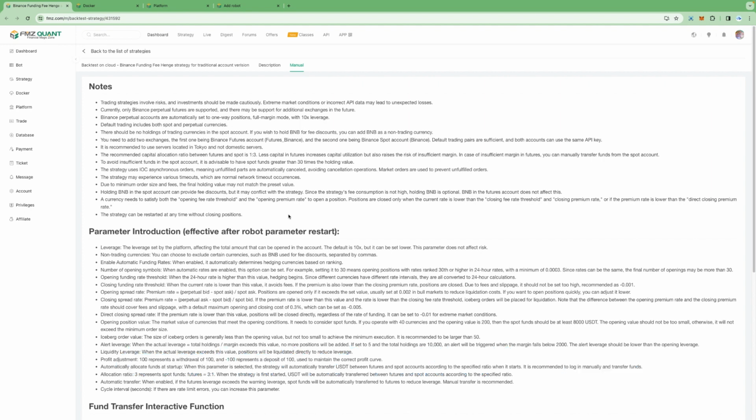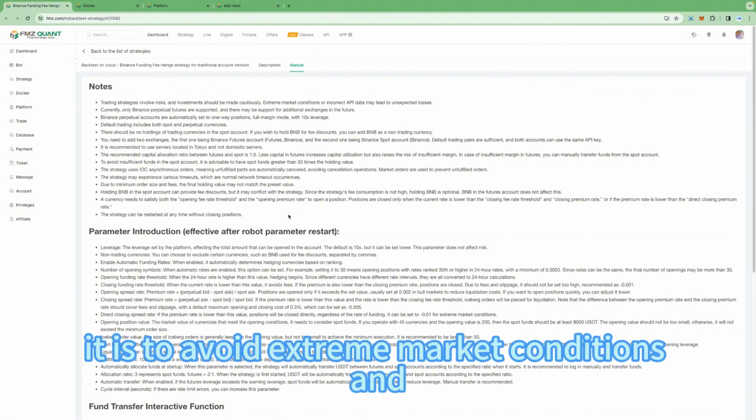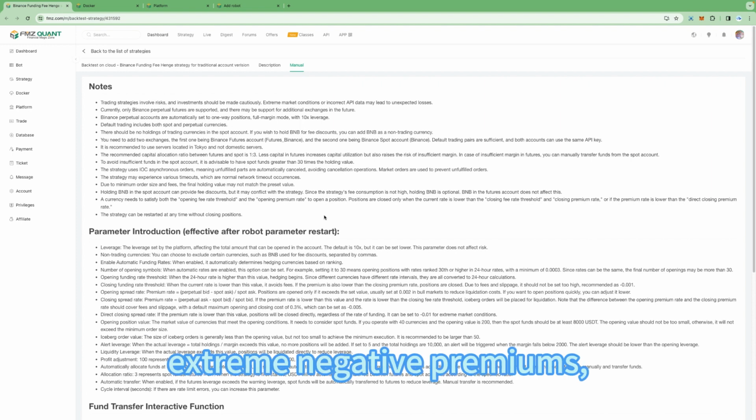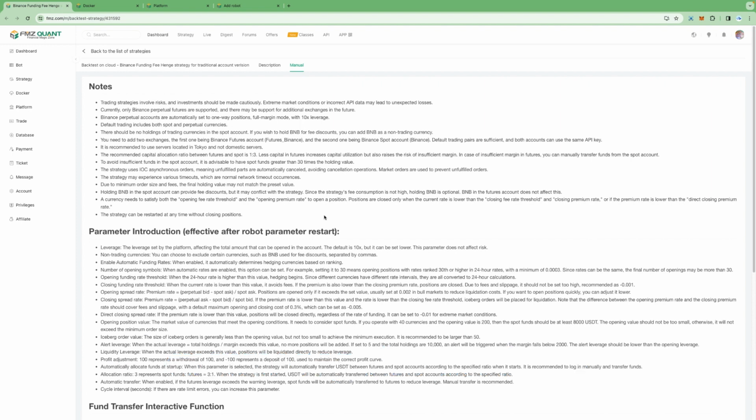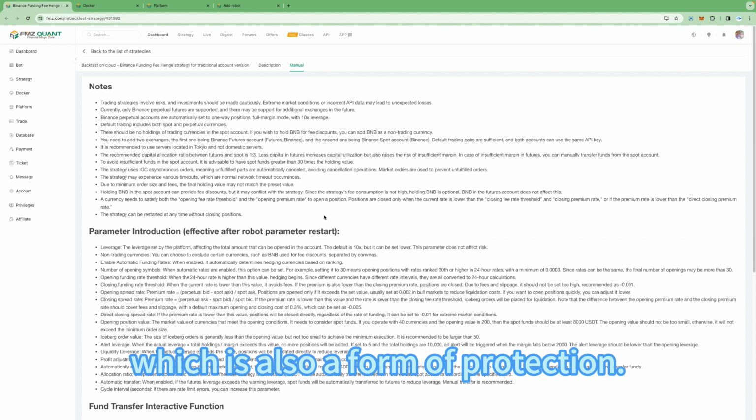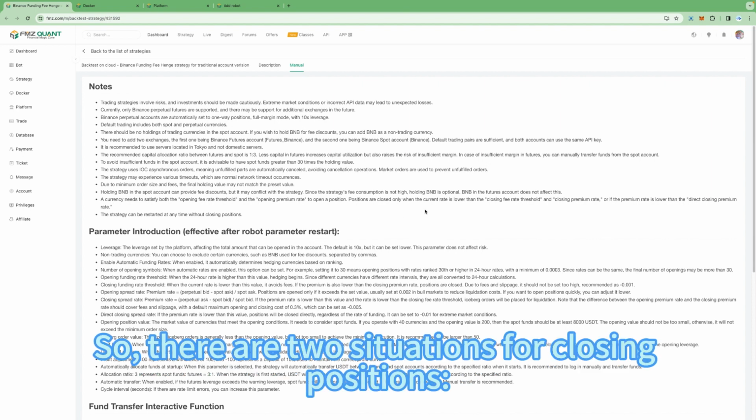It is to avoid extreme market conditions and extreme negative premiums, which is also a form of protection. So there are two situations for closing positions.